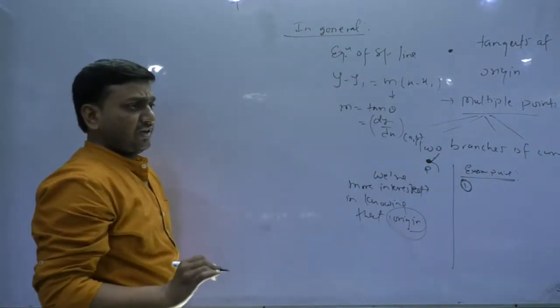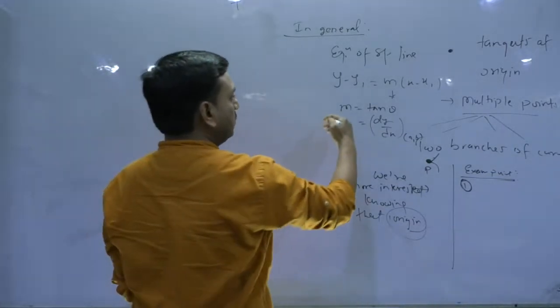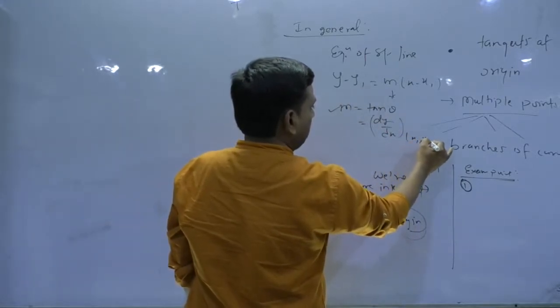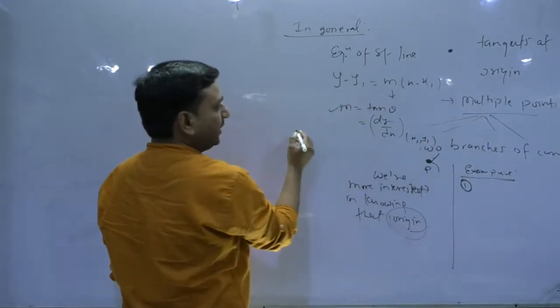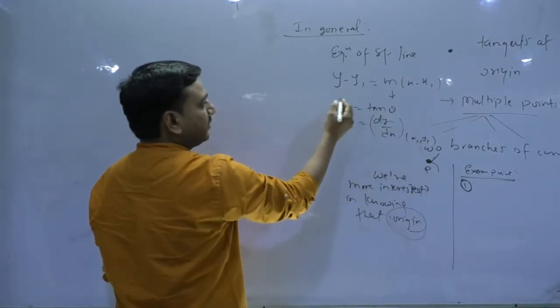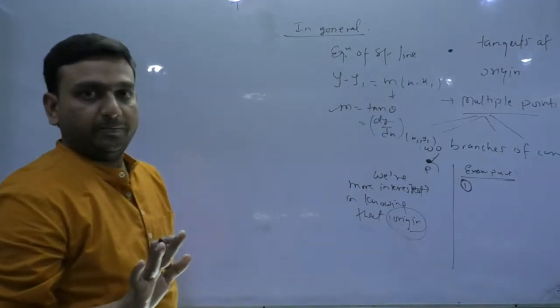So in general, to get the tangent to some curve at some particular point, you need to know dy over dx, and dy over dx at that point will be known as m. Put m and the point (x1, y1) into the equation and you will get the tangent at that point.